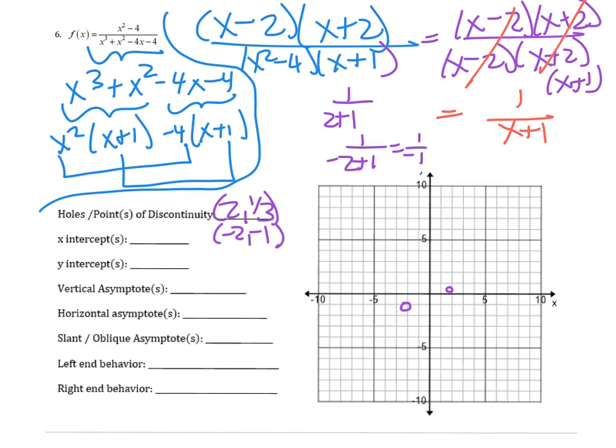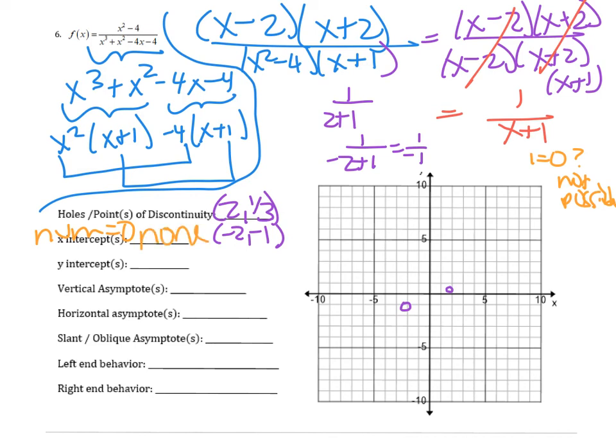My x-intercepts come from your numerator equal to 0. Now you're going back to this condensed one, not the original. And you can't set 1 equal to 0. So that's something you need to be careful about. If I set 1 equal to 0, that doesn't make any sense. It's not possible. The only time you're going to have an intercept is if there's a variable up here. If it's a number, you don't have an x-intercept.